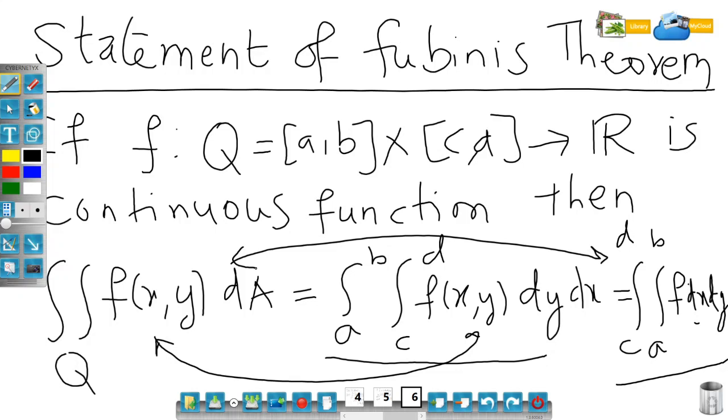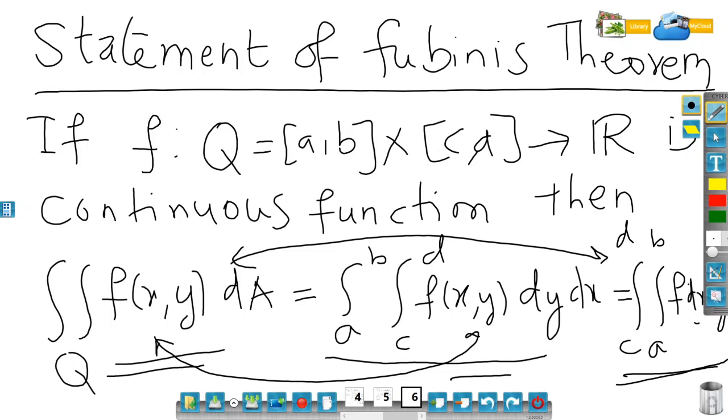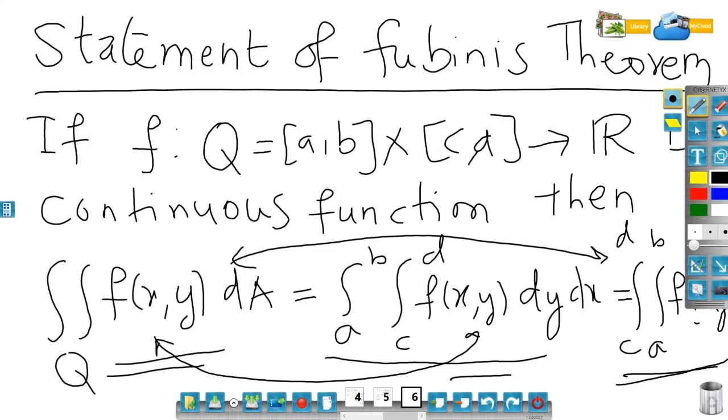If I can prove this, then Fubini's theorem is proved. The proof is not difficult. It needs the Lagrange mean value theorem of integration and the Riemann sum definition.